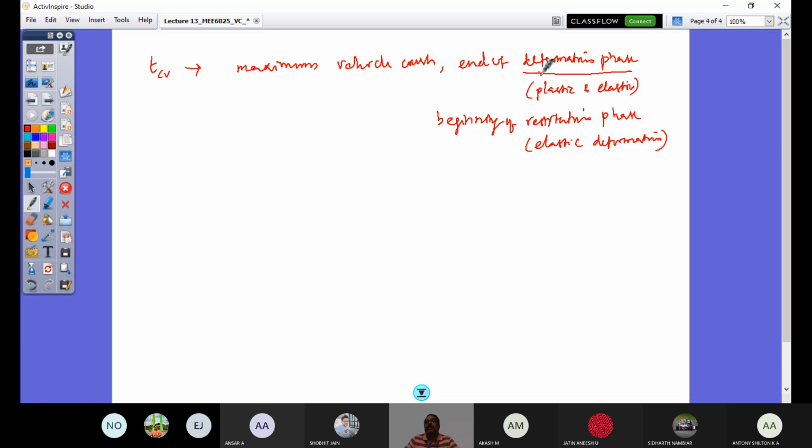It has to be very clear. When you say deformation phase, that involves the structures under engagement during collision undergoing plastic and elastic deformation, whereas in the restitution phase, it is only elastic deformation, or regaining of elastic deformation. There is no plastic deformation taking place at that time because the maximum deflection occurs at the end of the deformation phase.